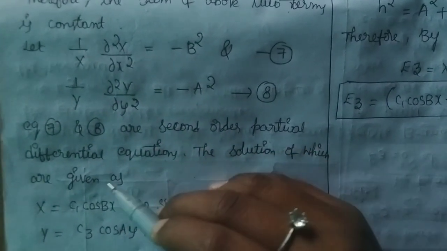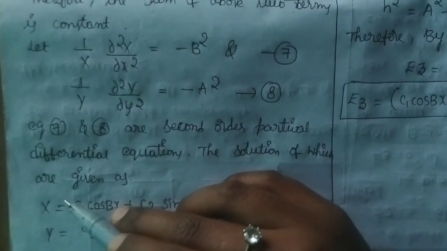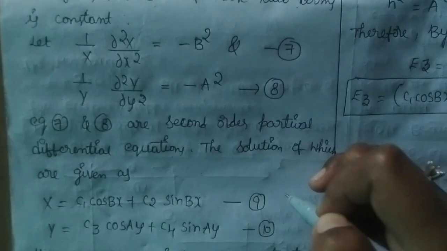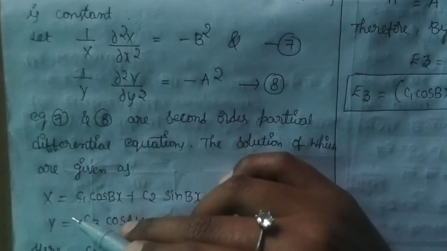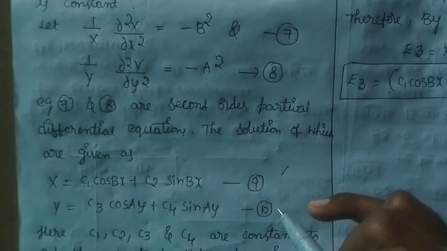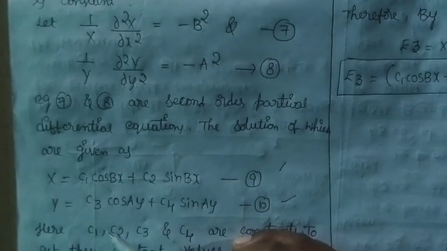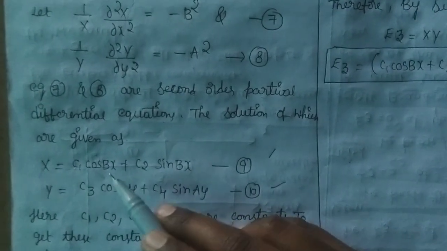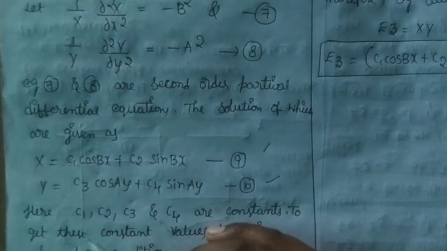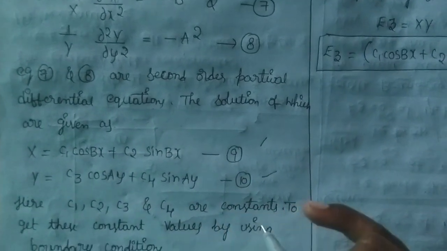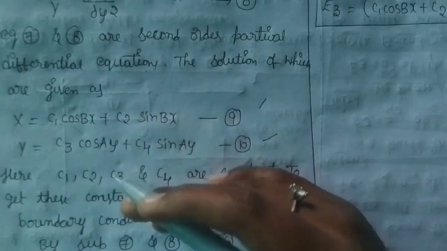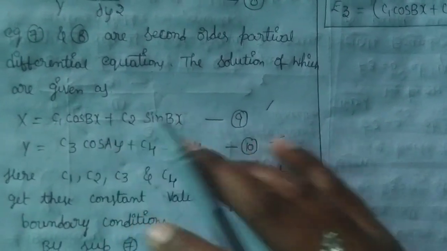The solution of which is X equal to c1 cos bx plus c2 sin bx, the ninth equation, and Y equal to c3 cos ay plus c4 sin ay, the tenth equation. Here c1, c2, c3, c4 are constants, and to get these constant values we have to use boundary conditions.